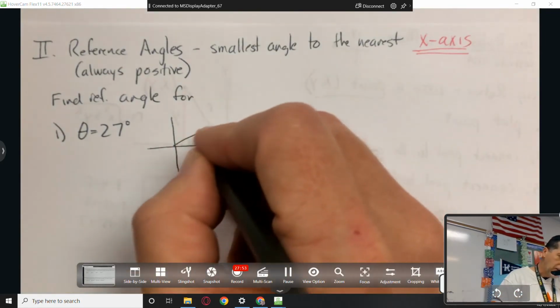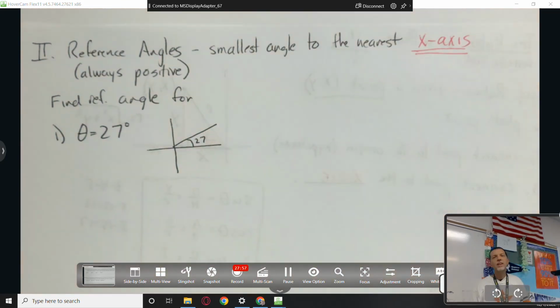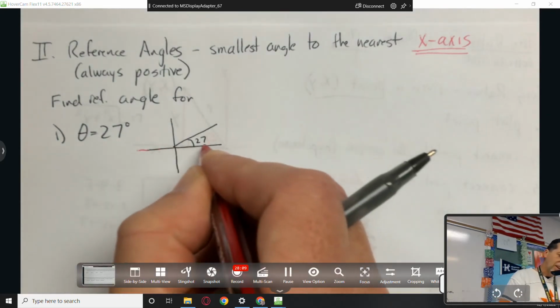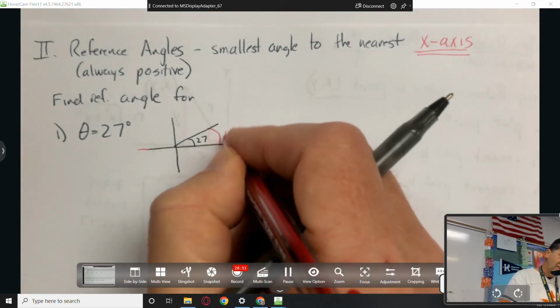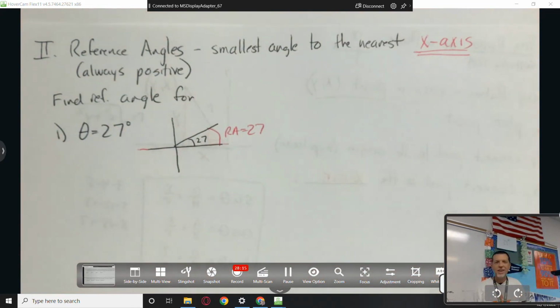It would be something like that. That's 27. If you're thinking you know the answer and it feels easy, you're right on this one. So what's the angle to the nearest x-axis? 27. So that's kind of dumb. It's just the same as the angle. Well, it is for that one.